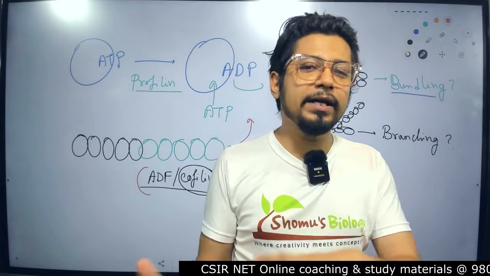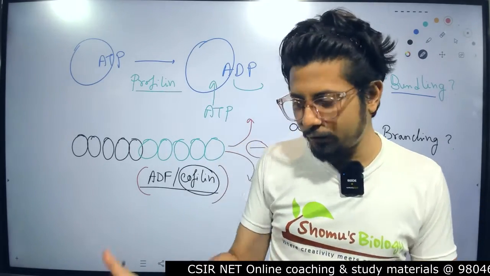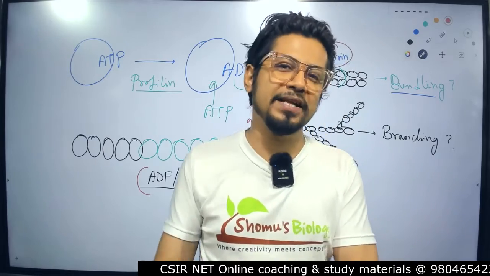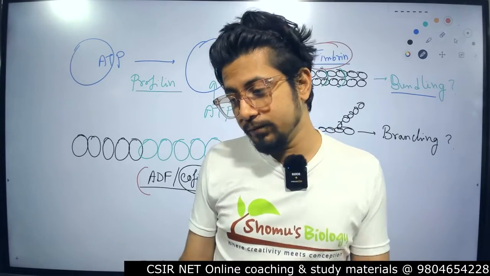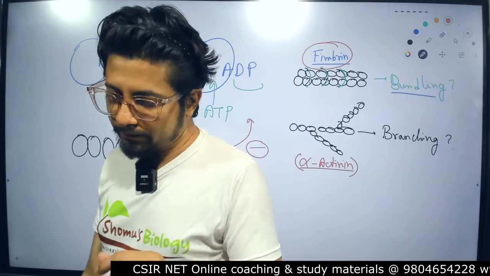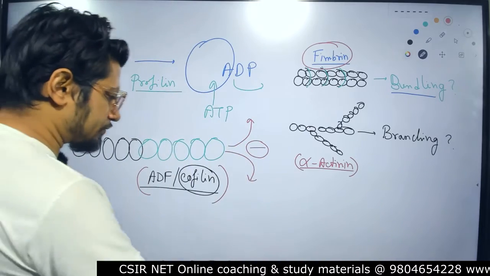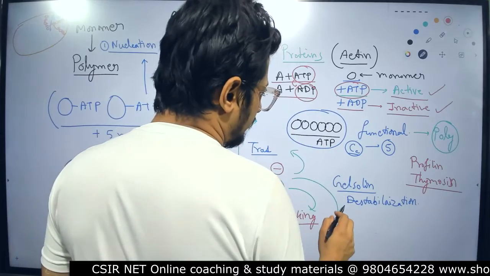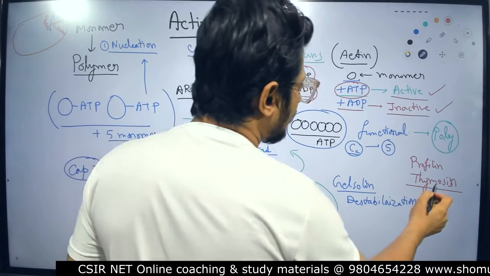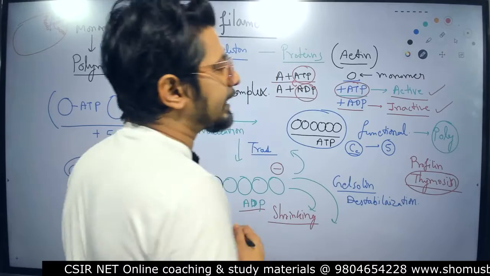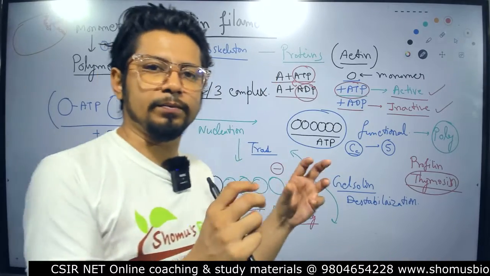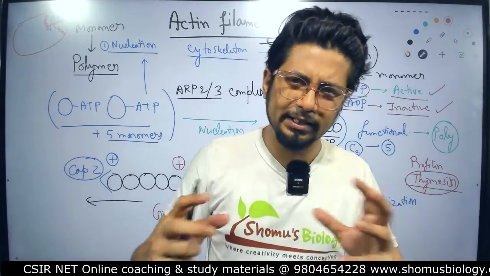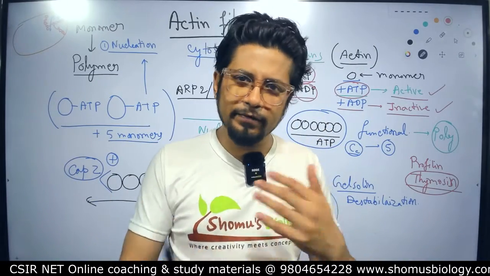So if you look at cofilin and profilin, the roles are different. Profilin helps in the polymerization of actin, while cofilin helps in depolymerization of actin. Although we know that, along with thymosin, the profilin can also sequester individual monomers of actin, which is very important, that after the polymerization is done, depolymerization is done, treadmilling event is over.